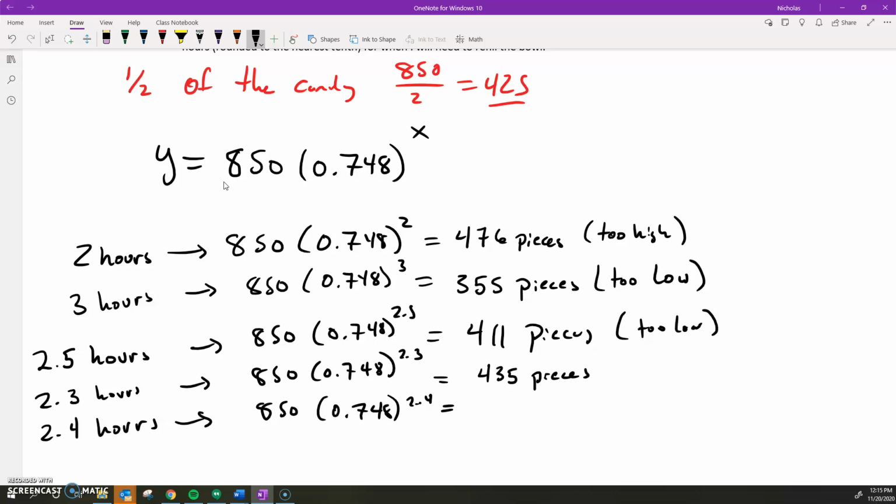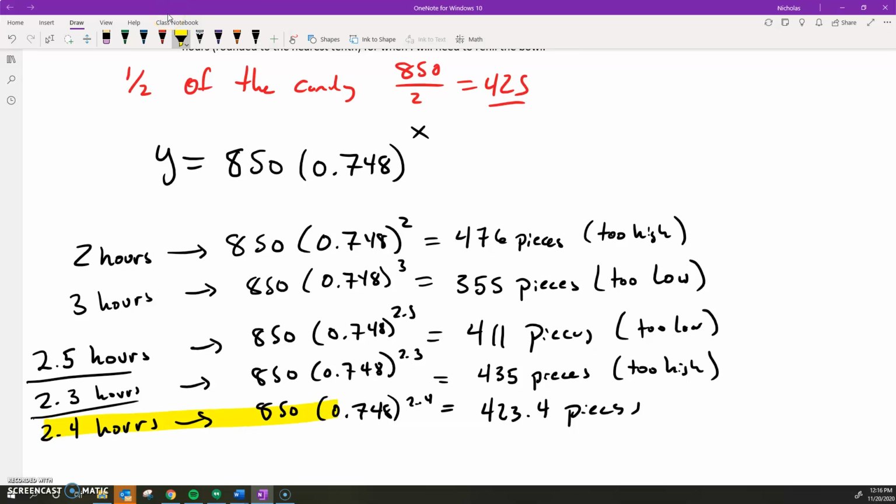And when I test 2.4, I get 423.4. So 2.5 was too low, 2.3 was too high. This 2.4 feels like it's just right.